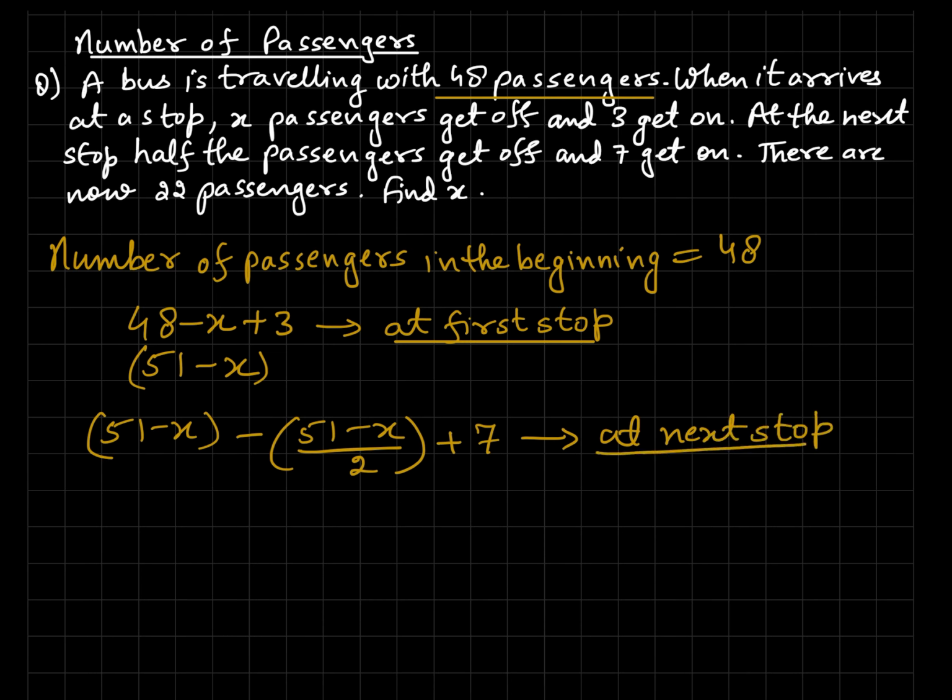This is given to us, there are now 22 passengers. Yes, so this 51 minus X minus (51 minus X) over 2 plus 7 is given to be 22.